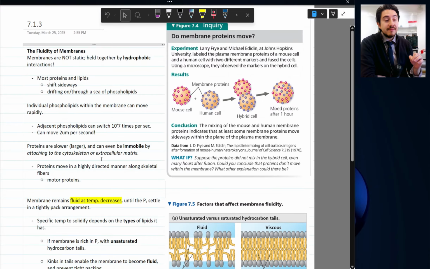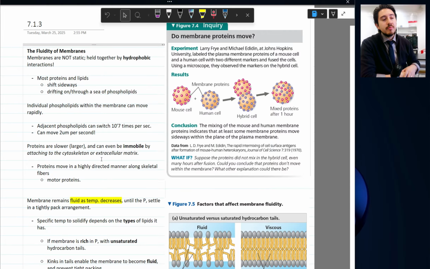Within the aspect of fluidity, this is a very important concept for membranes. Phospholipids, this whole bilayer, is not a static structure. It's very dynamic. It's very fluid in the sense that molecules are moving about.